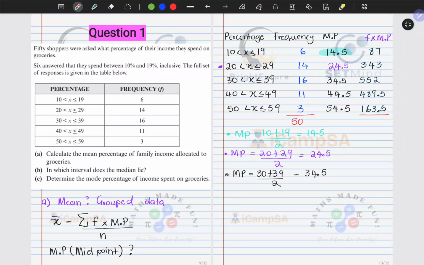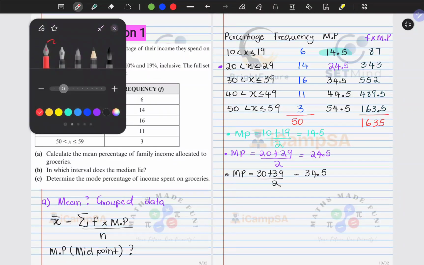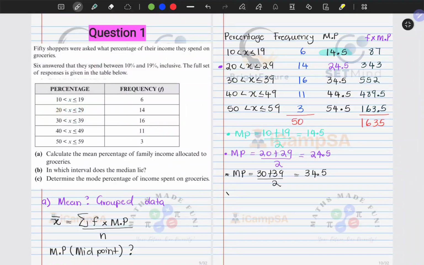Okay, then if we do the other sum there, that's 87 plus 343 plus 552 plus 489.5, then plus 163.5. And then this becomes a total of 1635.